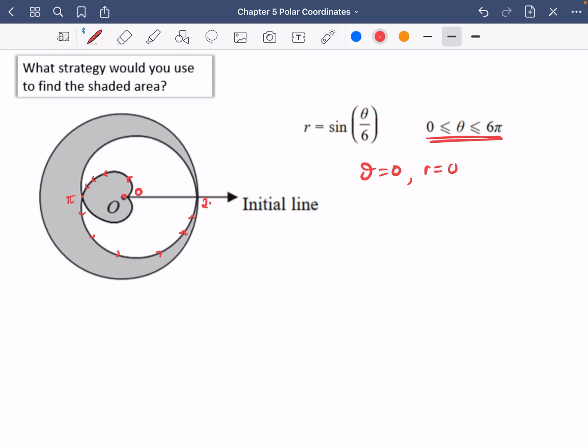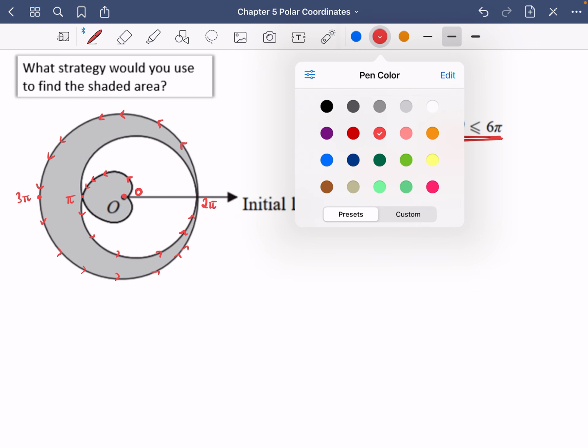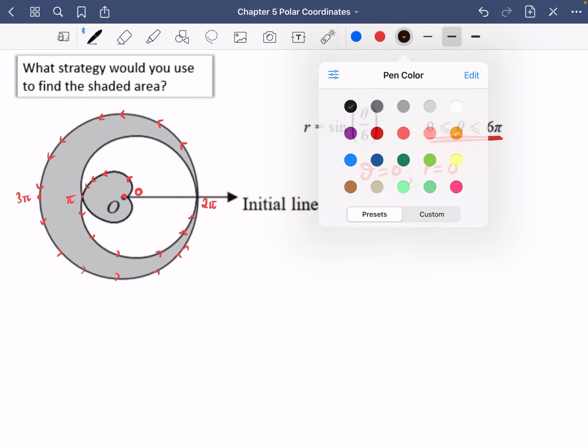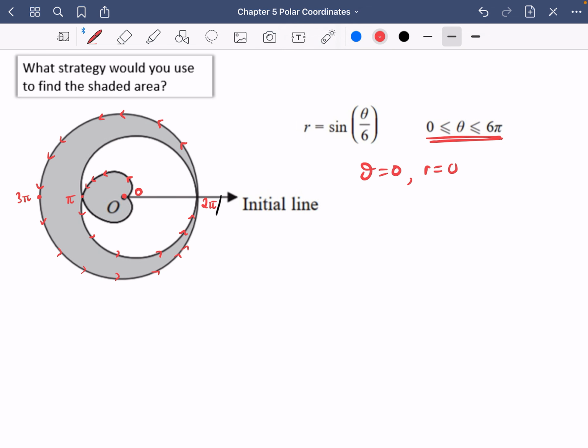And then at this point here, it's 2 pi. Now, it's not going to be going on the inside circle this time, because otherwise it would just be stuck in that loop. It's now going to be coming on the outside circle, like this, until it gets to 3 pi over here. And it's going to keep going around until the next time it's got to this point, which is going to be 4 pi. So that's the second time it gets there. And then it comes on the inside bit.